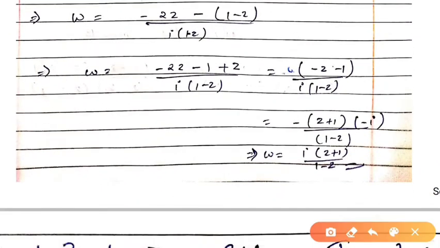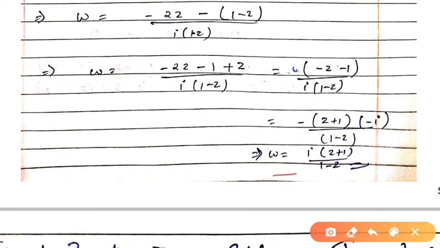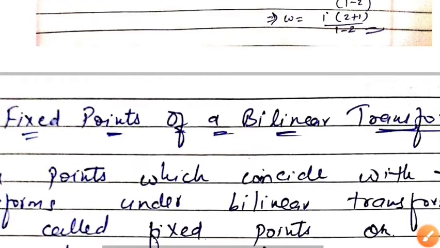Again I will simplify this, minus 2z plus z will be minus z. Now see, this i in the denominator, 1 upon i can be written as minus i. So this minus I have written here as it is, and minus into minus is equal to plus, so w will be equal to i into z plus 1 upon 1 minus z, which is the required bilinear or Mobius transformation.